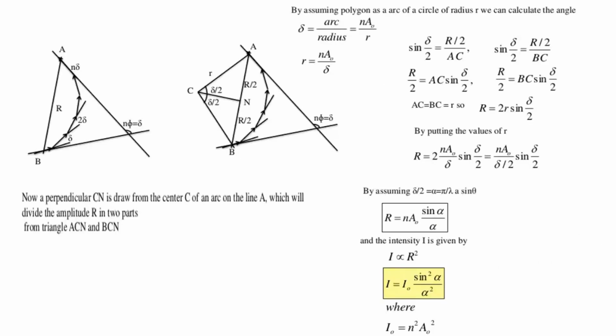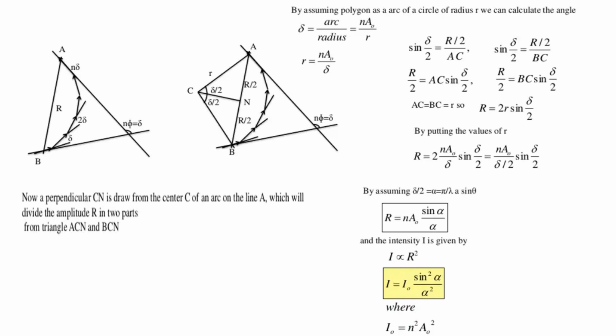The explanation of the intensity I equal to I naught sin squared alpha by alpha squared is given over here. From the previous diagram, we have this value of AB.